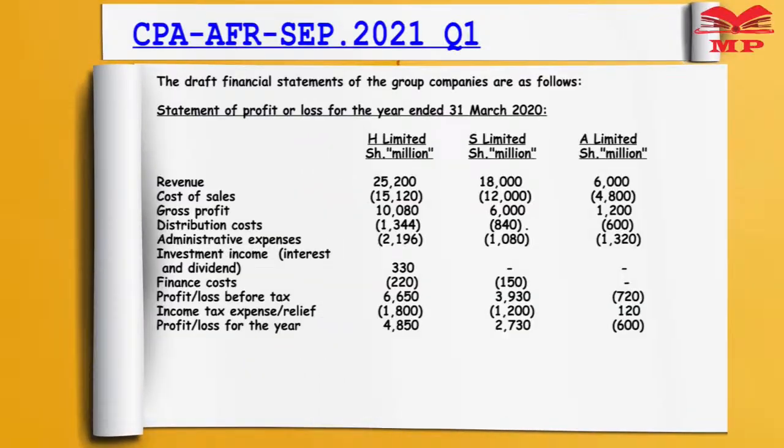Okay, then we have the draft financial statements of the group companies, which are as follows. Statement of profit or loss for the year ended 31st March. We have revenue, cost of sales, gross profit, distribution costs, administrative expenses, investment income, interest and dividend, finance cost, profit or loss before tax, income tax expense or relief, profit or loss for the year.